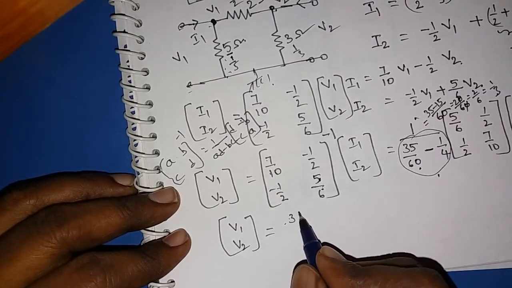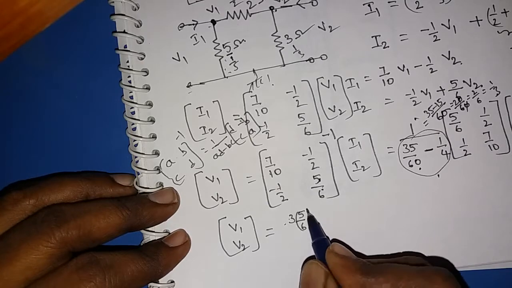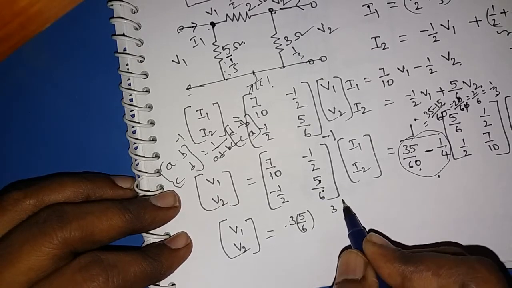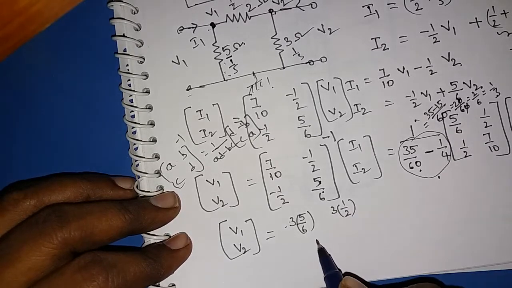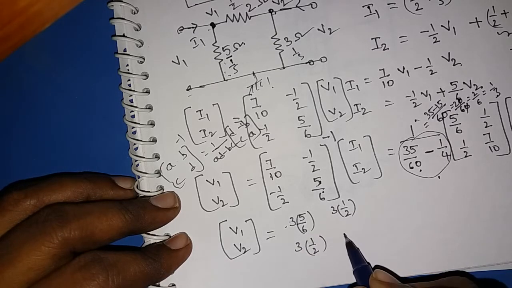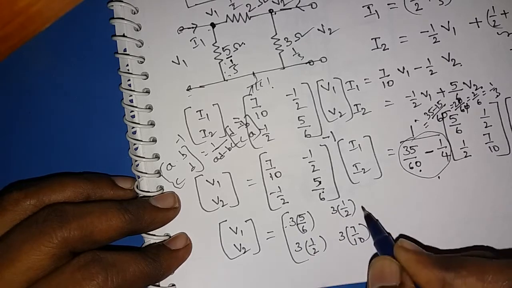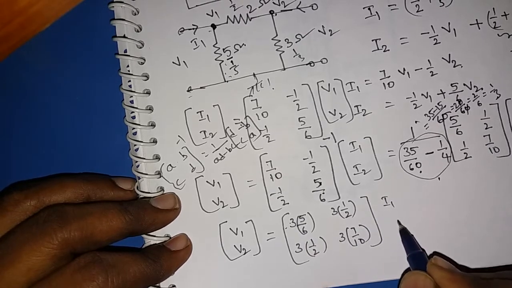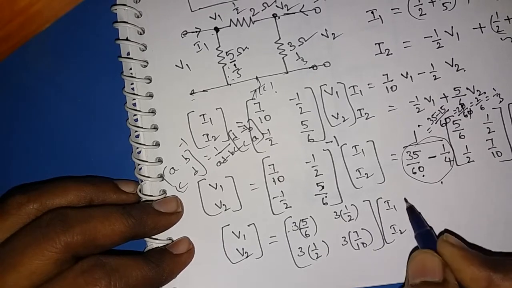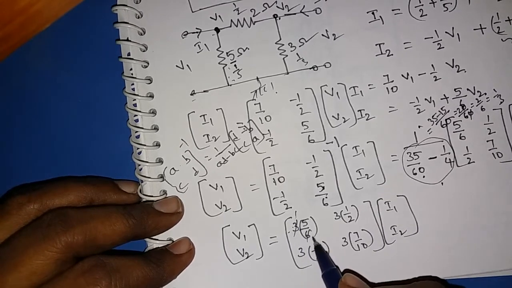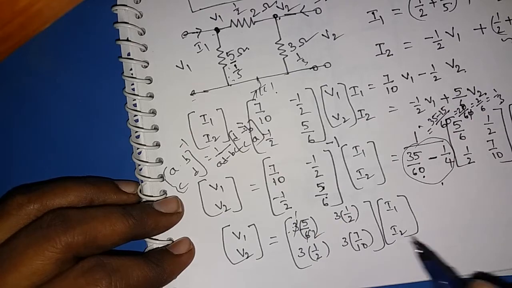3 into 5 by 6, 3 into 1 by 2, 3 into 1 by 2, 3 into 7 by 10, I1 I2. Since 3 ones are 3, 3 twos are 6. That's all.